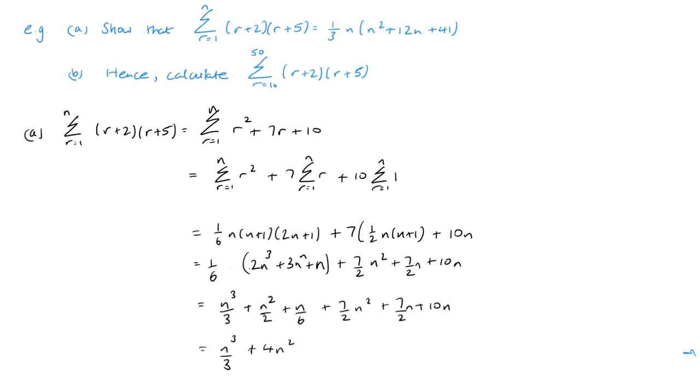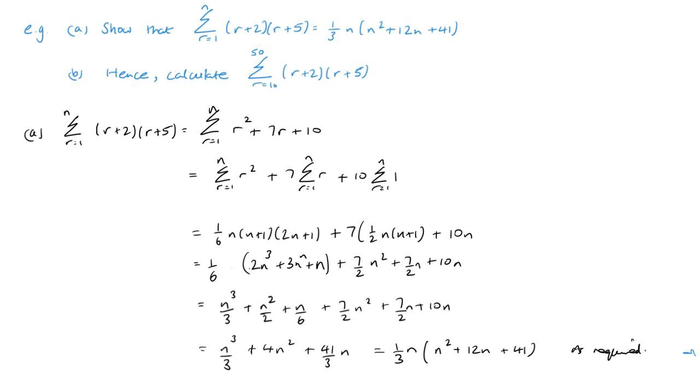Then I've got 1/6 n plus 7 over 2 n plus 10n, and that gives me 41 over 3 n. So then the final step is to take out a third n, and that leaves me with n squared plus 12n plus 41, which was as we required.